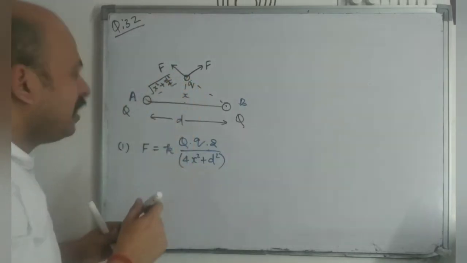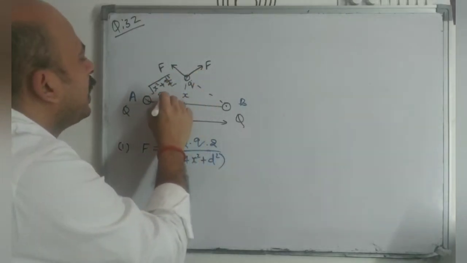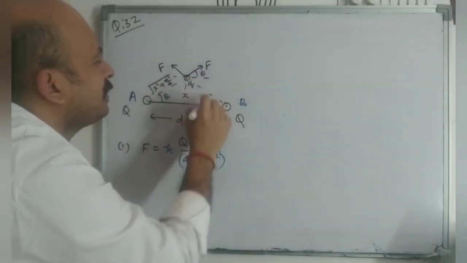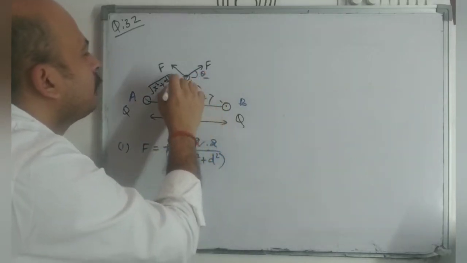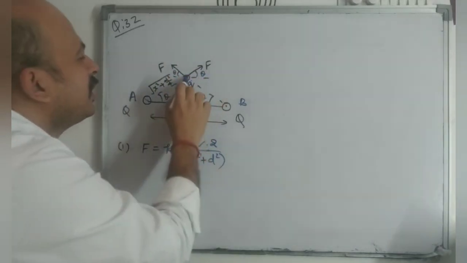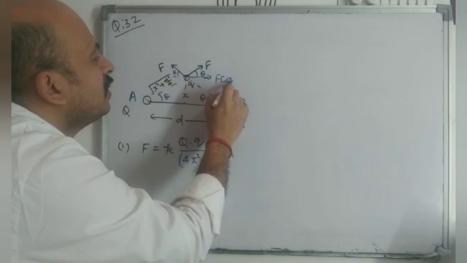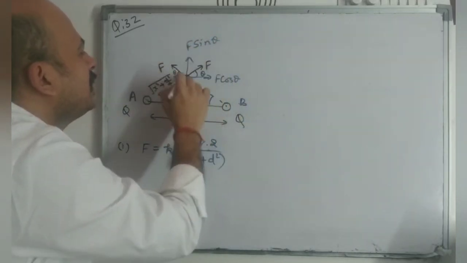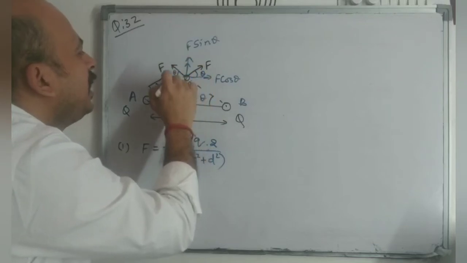Because that F will have two components, let that angle be theta. If this is theta, this will also be theta. Now these F will have two components, F cos theta and F sin theta. Similarly for this, F sin theta and F cos theta.